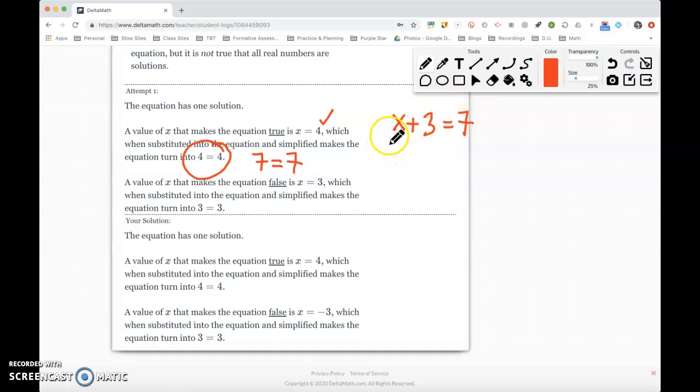So usually a teacher might require you to show, hey, I'm plugging in my 4. You'd be required to show this work, but this isn't far enough to show that it is actually a true statement. 4 actually makes this equation true. So you have to get to that statement.